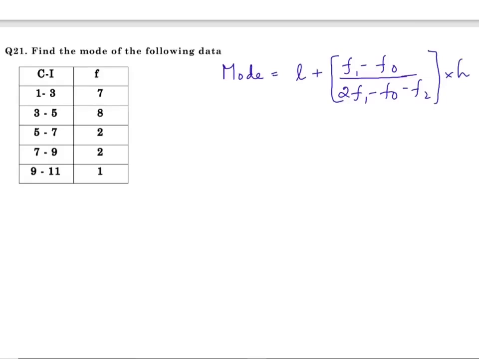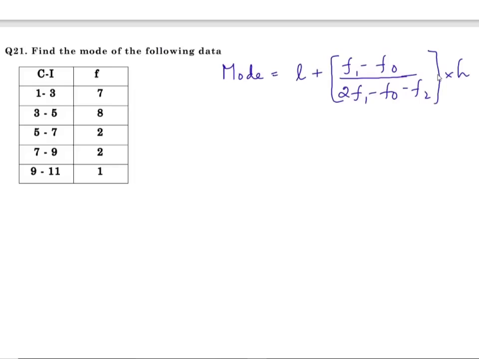Mode equals L plus, it is a binomial term: one term is L, another term is F1 minus F0 divided by 2F1 minus F0 minus F2 into H. Don't get confused, it is not L plus F1, it is L plus bracket of F1 minus F0 divided by 2F1 minus F0 minus F2 into H. Do repeat with me, mode equals L plus F1 minus F0 divided by 2F1 minus F0 minus F2 into H.